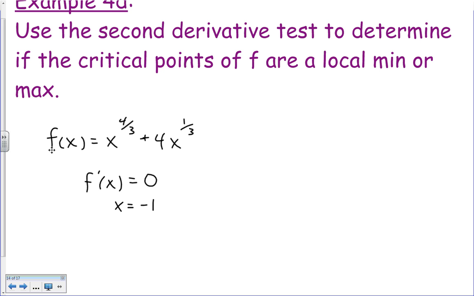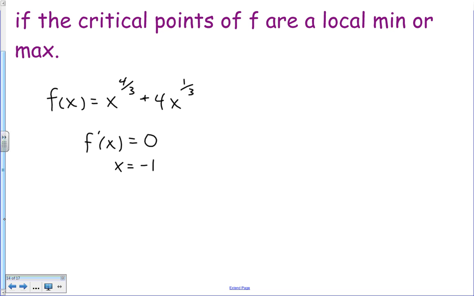And so I could determine whether this is a local min or a local max just using the second derivative test, and that is to take the second derivative, which our second derivative was equal to 4/9 x to the -2/3, and then minus 8/9 x to the -5/3.